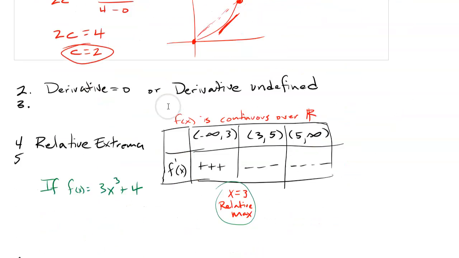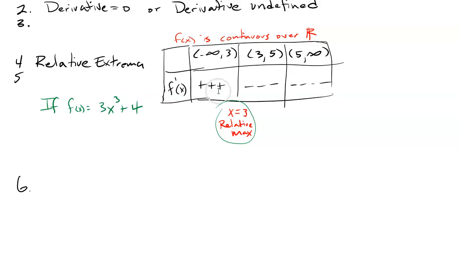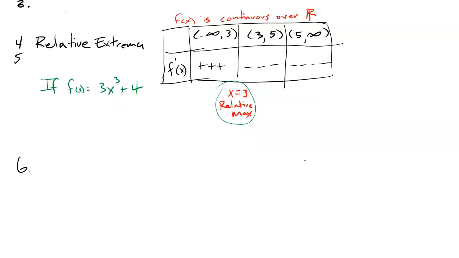I bet you it's 4 or 5. I remember 4 or 5 I have you fill in the first derivative table. And so if you had to fill that in, you would just plug a test number into the first derivative. But obviously you'd have to know the first derivative to be able to do that. Okay, so 6 was state intervals of increasing, decreasing.